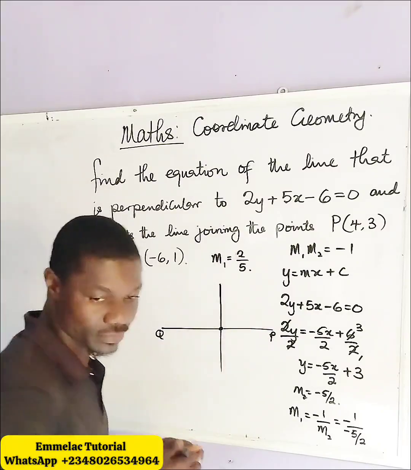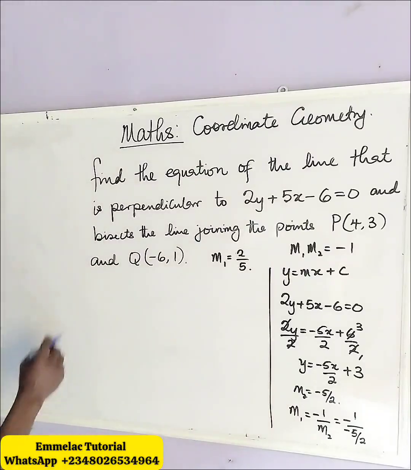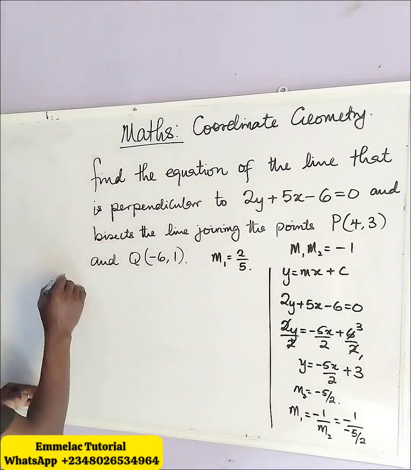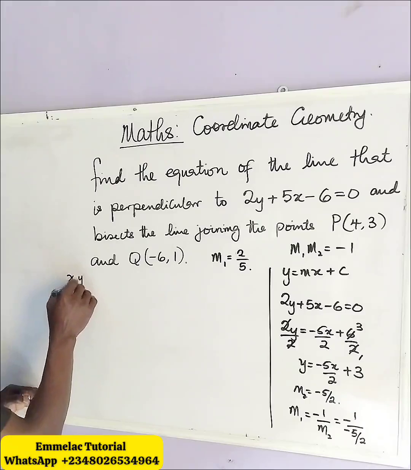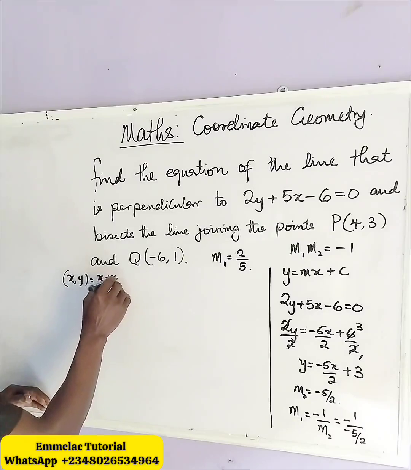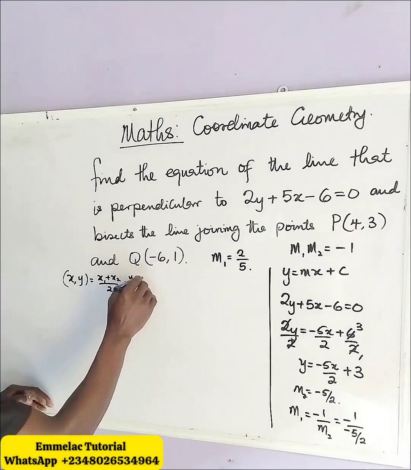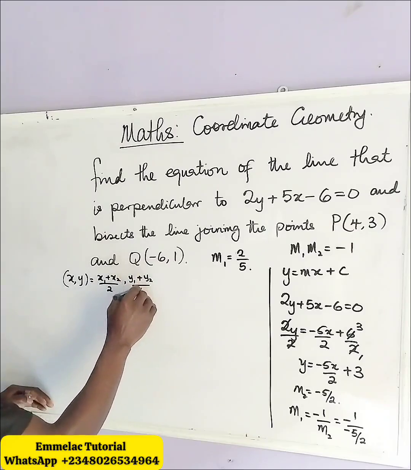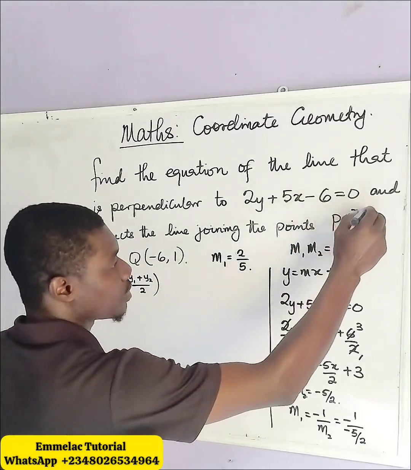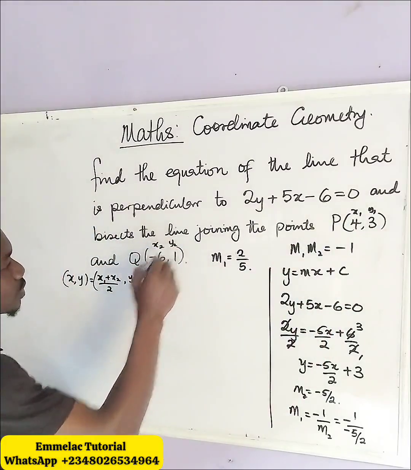And here is the formula. The formula to calculate the midpoint is: if you have x, y, this gives us x1 plus x2 all over 2 and y1 plus y2 all over 2, where this is x1, y1 and x2, y2.